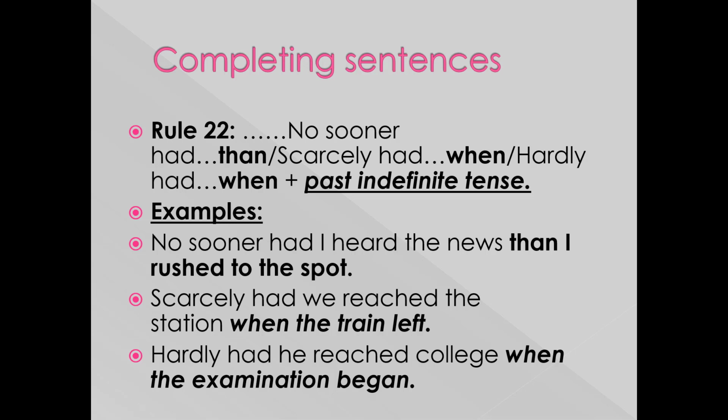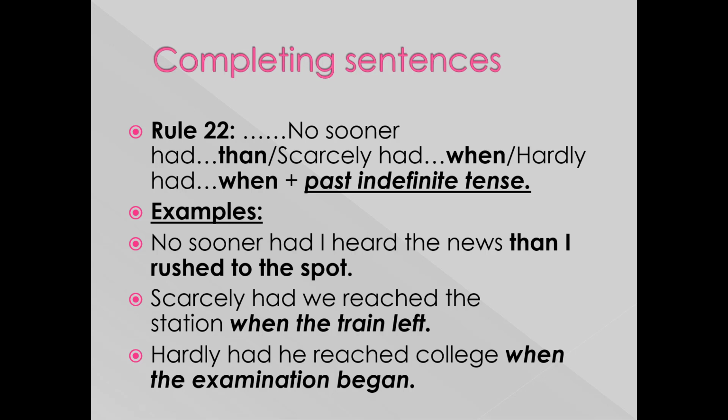So in case of no sooner had, use than in the middle as a conjunction. In case of scarcely had, use when in the middle as a conjunction. And finally, in case of hardly had, use again when in the middle as a conjunction.